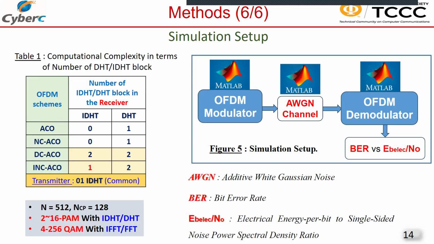A cyclic prefix of 128 samples was used. Bit error rate, mean BER performance, is estimated through Monte Carlo simulation by counting the number of errors per transmission.